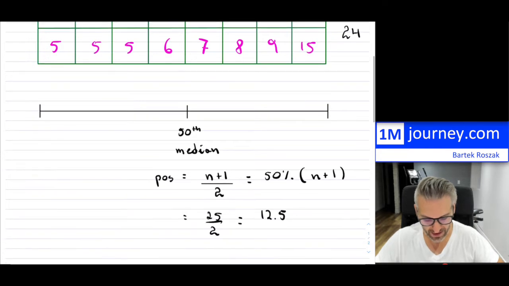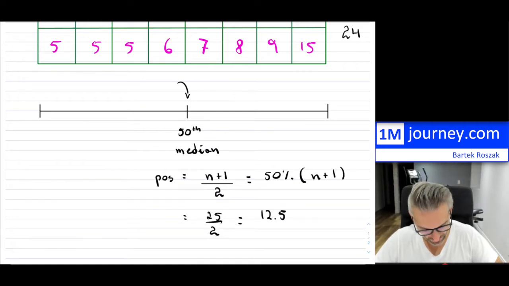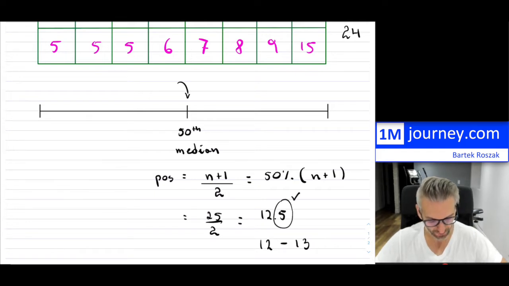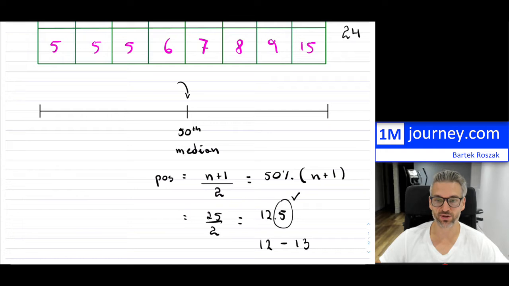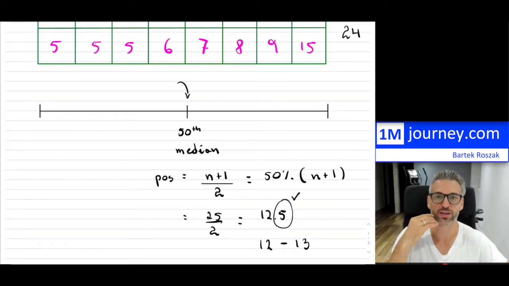And that means that the 50th percentile, or the median, simply falls between the 12th and the 13th data point. The 0.5 right here designates that it's 50% between those two points, so it's evenly distributed in between.